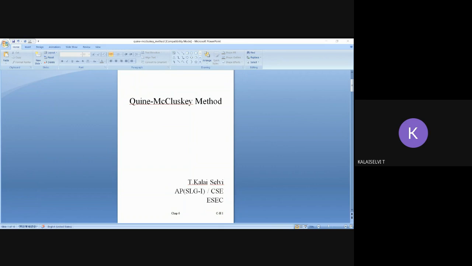If we consider these as variables, it may be somewhat complex to identify the differing terms, so we can consider zeros and ones. This a b dash c d dash can be considered as 1010, because a is a true literal, it is 1. B dash is a complement literal, it is 0. Again, c is true, it is 1. D dash is complement, it is 0. And here a b dash c d is considered as 1011.